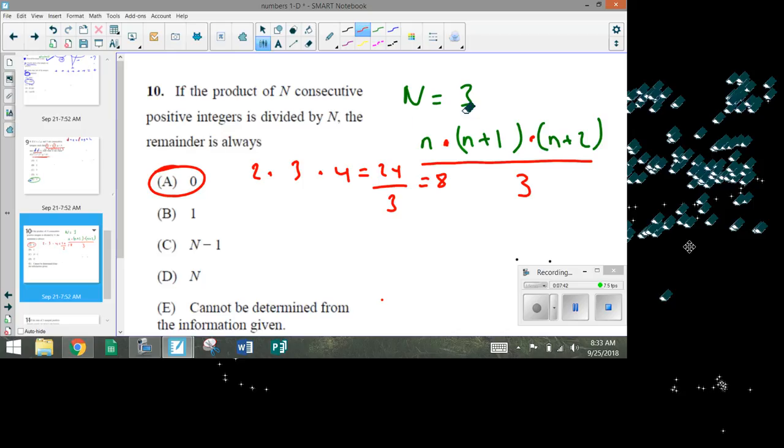Let's say n is 5 at this time, okay? Consecutive positive integers 1, 2, 3, 4, 5. You multiply them all. 20 times 3 is equal to 60. 60 times 2 is equal to 120. Divide by 5. It is divisible by 5 because the last digit is 0. There is no remainder. Make sense?